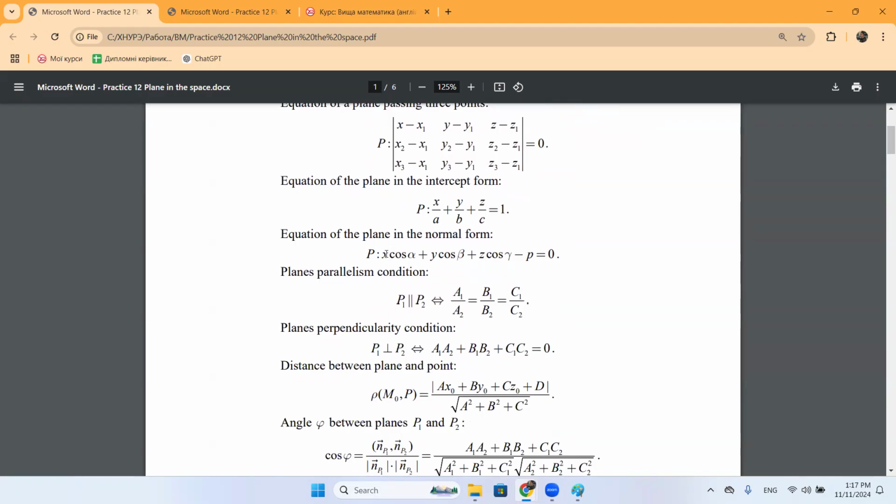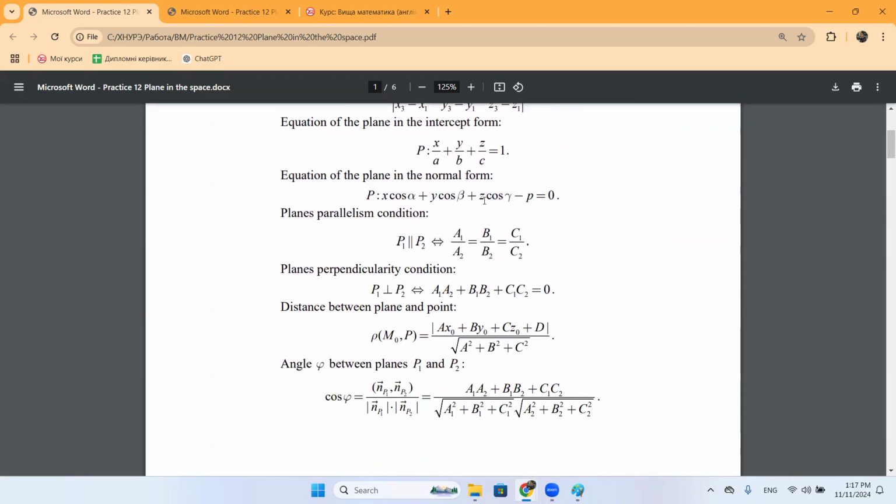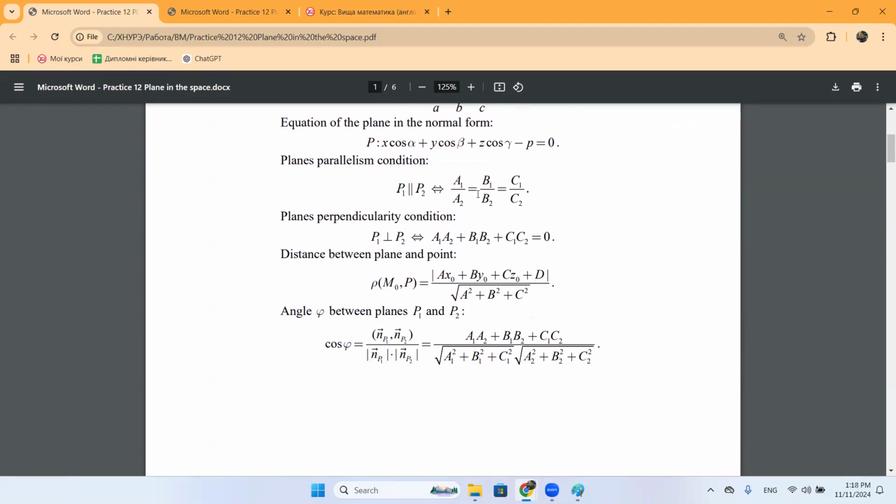Then here is the equation of the plane in the normal form. Cosine of alpha, beta, and gamma are direction cosines of the normal vector. So it can be received from the general equation by normalizing the normal vector.